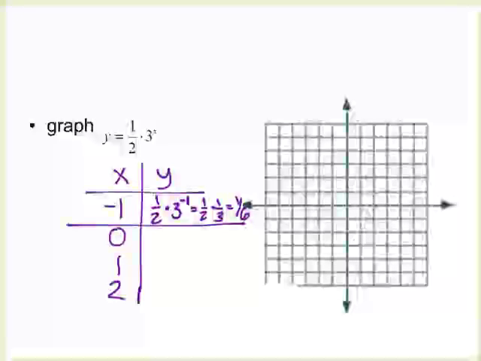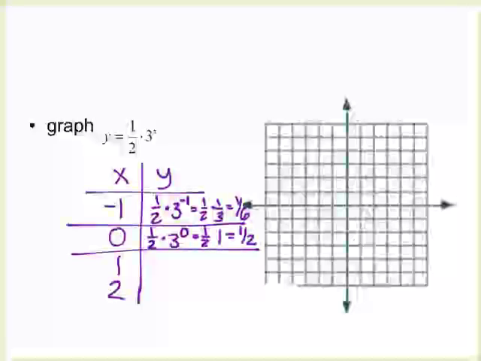When we plug in 0, what is 3 to the 0? It's not 0. We had an exponent property that anything to the 0 power is 1. So that gives us 1/2.